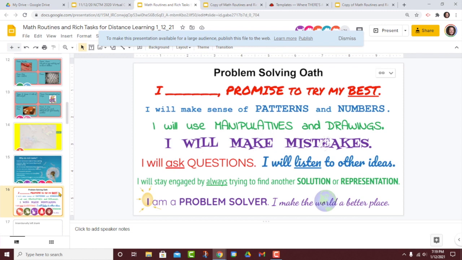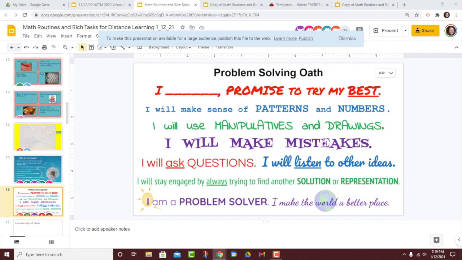I, Theresa, promise to try my best. I will make sense of patterns and numbers. I will use manipulatives and drawings. I will make mistakes. I will ask questions. I will listen to other ideas. I will stay engaged by always trying to find another solution or representation.